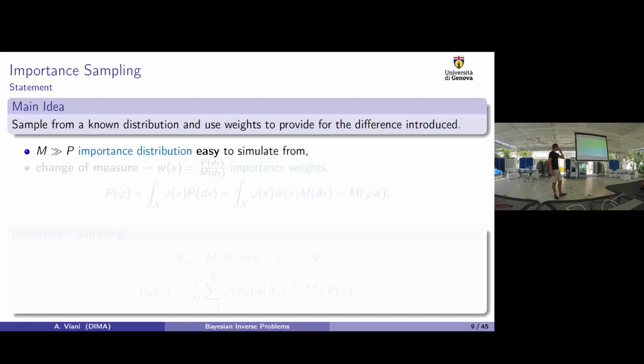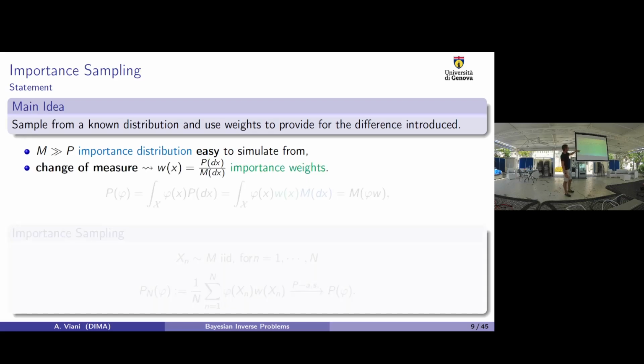We introduce a dominant measure with respect to P, so if we are thinking about densities, so about functions, a function that has a bigger support compared to the one of P. These notations maybe also can be seen as P is absolutely continuous with respect to M, or M dominates P. And we are able to sample from M. That is called importance distribution.